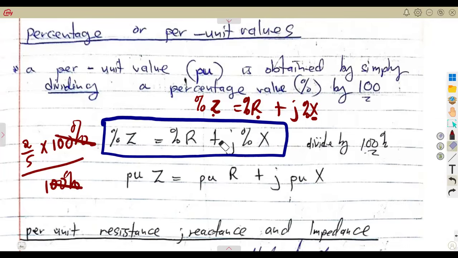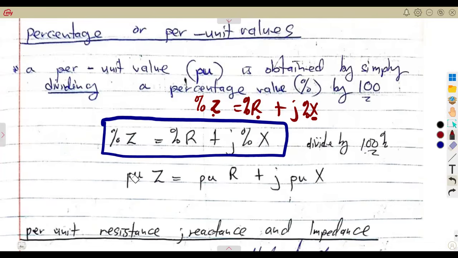So in order for you to have a per unit value, PU, whenever you talk of per unit, you can use the PU in short. So in order for you to have the per unit impedance, per unit resistance, per unit reactance, you divide these percentages that you are given by 100%. That is, you divide by 100 the values that are given in percentages.